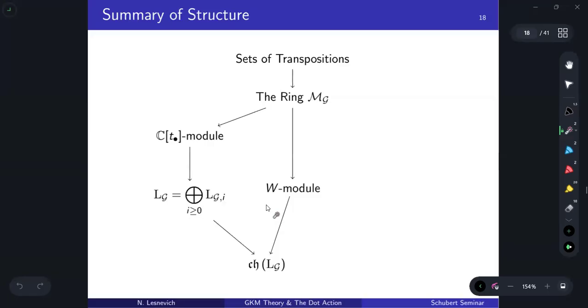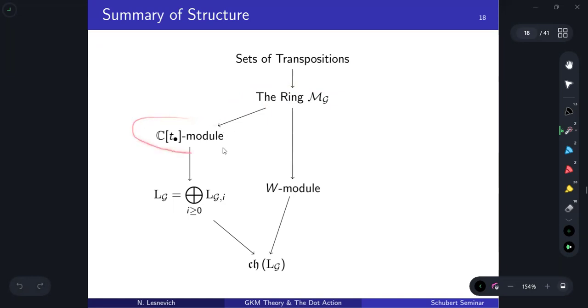So for an overview of the structure, I'm starting out with a set of transpositions. Probably that's coming from some sort of Hessenberg variety, but maybe I just have some pleasant combinatorial way of deciding what I'm allowed to multiply on the right by. I build my GKM graph that gives me my set of splines with the natural ring structure on it.